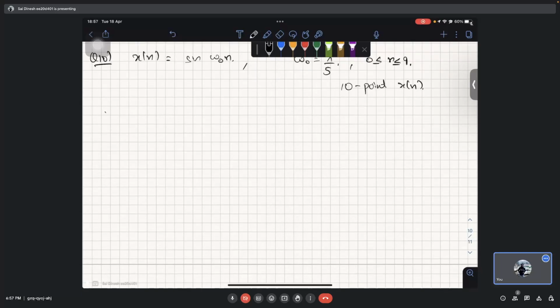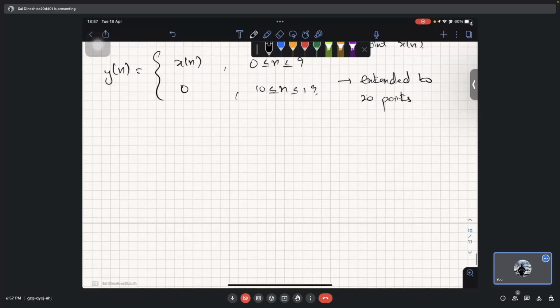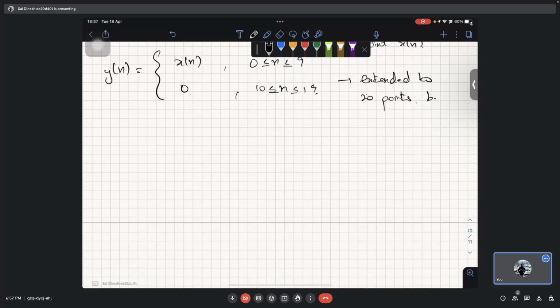So we are saying y of n is equal to x of n and 0 for 10 less than n less than 19. So extended to 20 points by 0 padding.